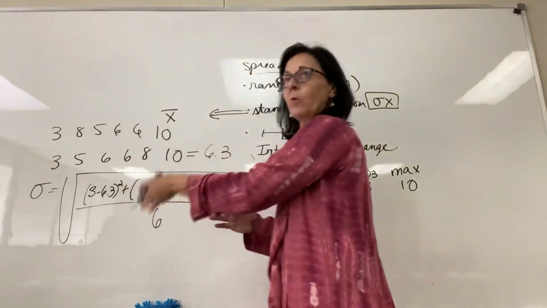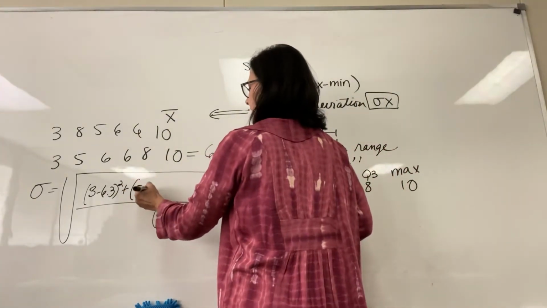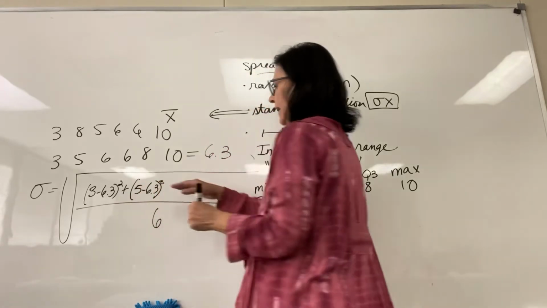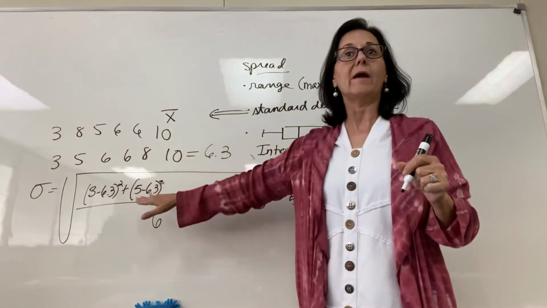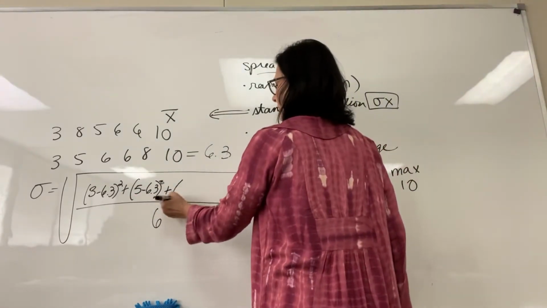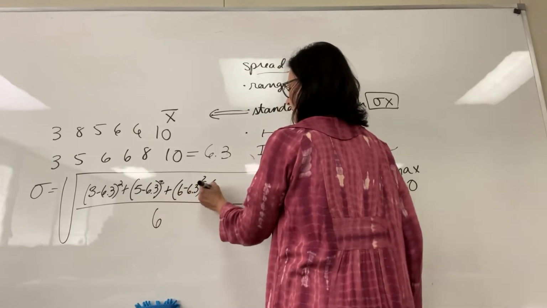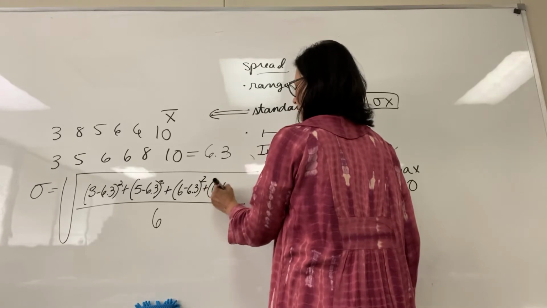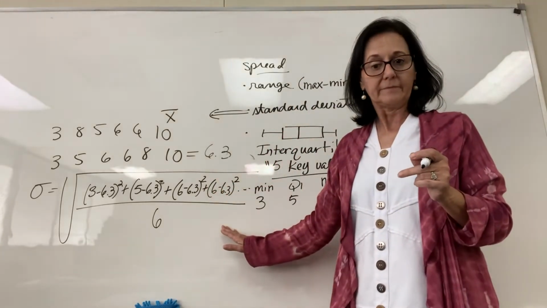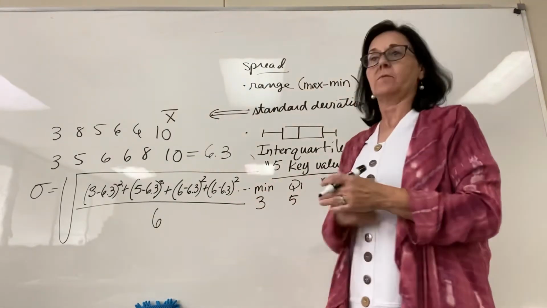You just take each one of these, right? 5 minus 6.3, that's squared. So that even though you have a negative number, when I square it, it becomes positive, all right? Plus 6 minus 6.3 squared plus 6 minus 6.3 squared, and so forth. You get the idea? 8 minus 6.3 squared, 10 minus 6.3 squared.